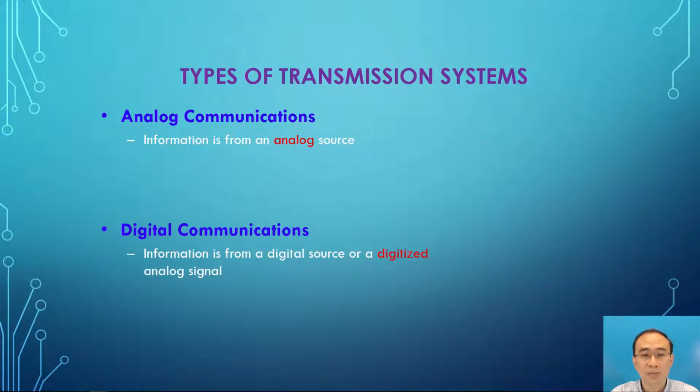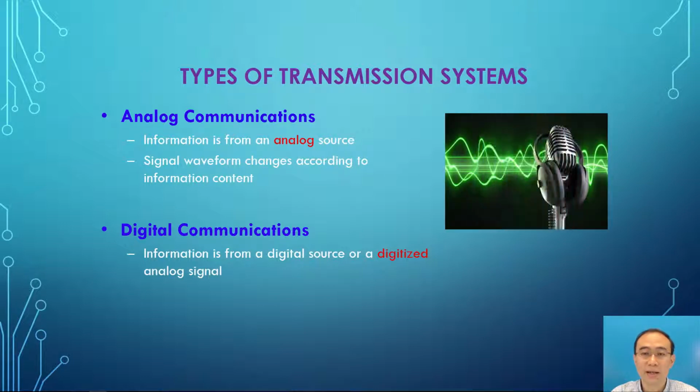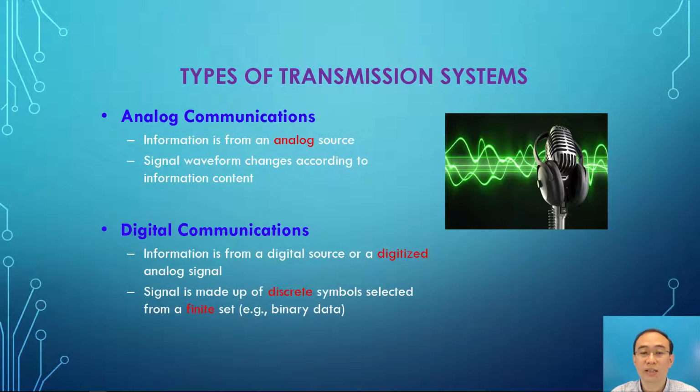In an analog communication system, the signal waveform will change according to the original information content. For example, in an AM radio broadcast system, the transmitted signal will change according to the original message signal, which is the voice. However, in a digital communication system, the signal is made up of discrete symbols selected from a finite set.